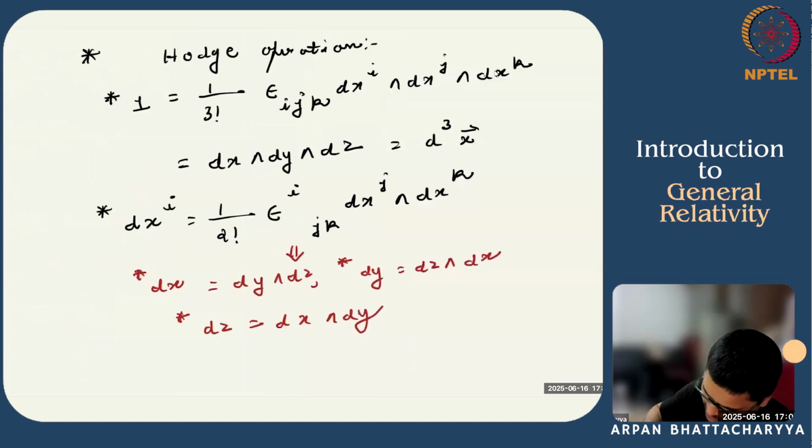What you have to do is take the star of both sides, right? So take the star of this, and on this side you have dx wedge dy wedge dz, and you get back 1.